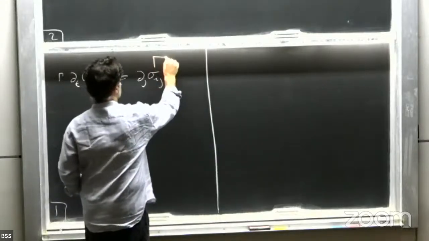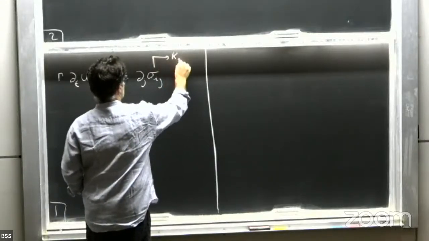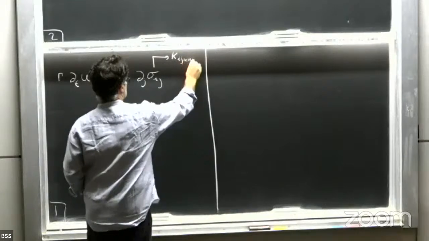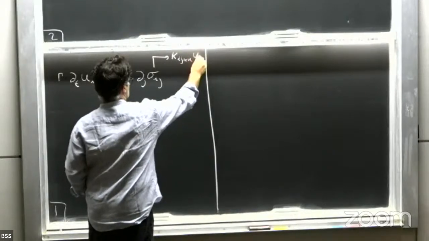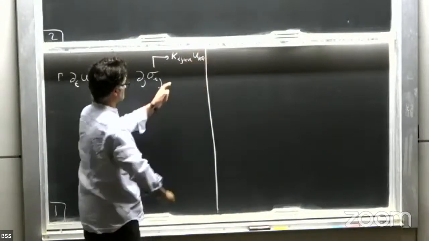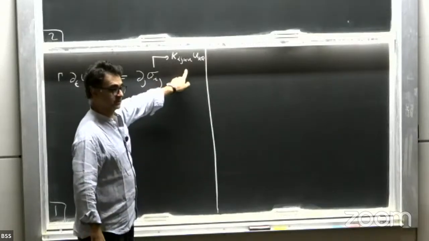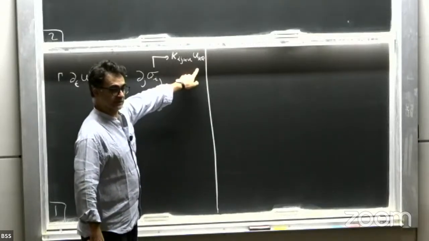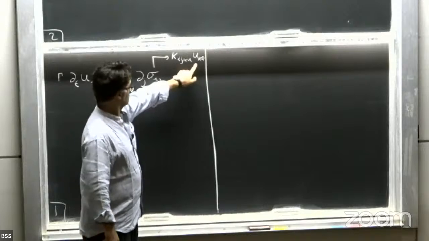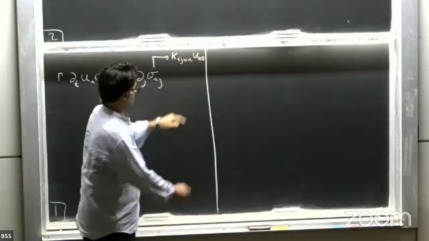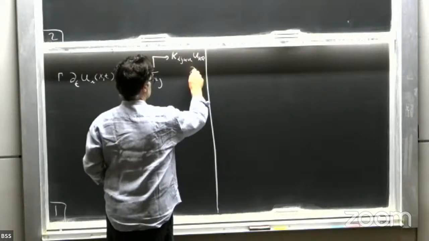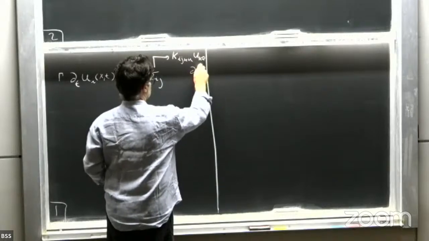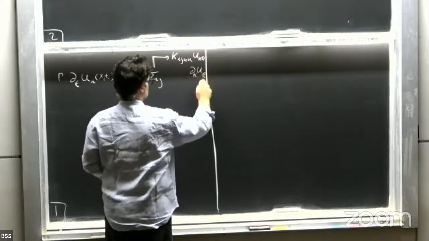And this stress tensor was given by a linear relationship with respect to the strain. Okay? This is U_kl, let's say ∂_k u_l.